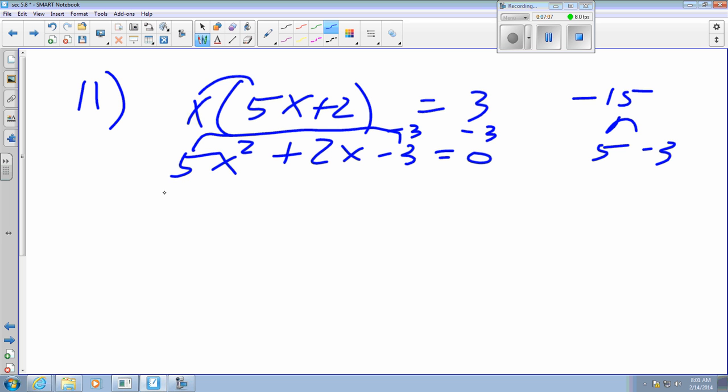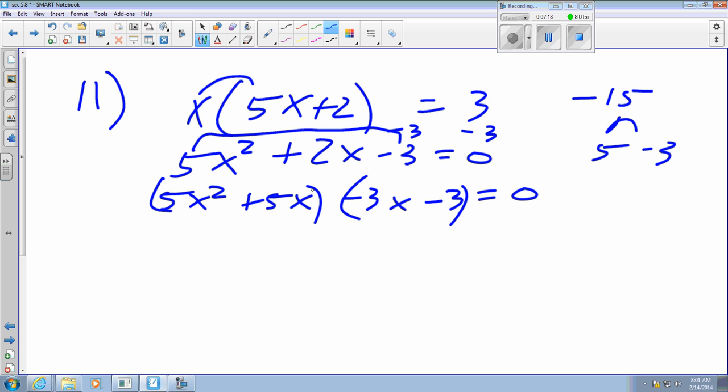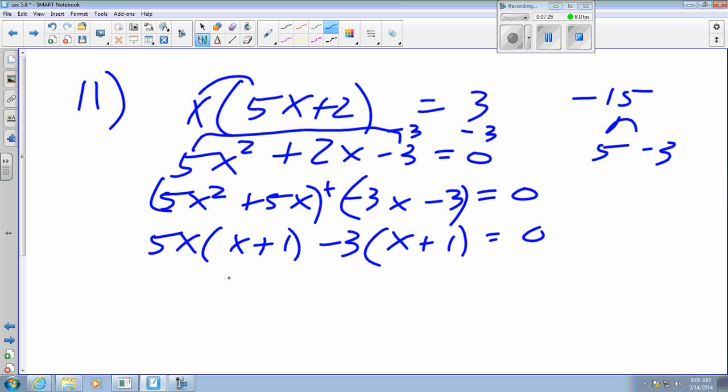So there's a number in front of the x squared, so I have to do it by grouping. Groupity, group, group, group, plus sign in between. GCF of the first group looks like a 5x. GCF of the second one looks like a negative 3. Rewrite it as x plus 1 and 5x minus 3.